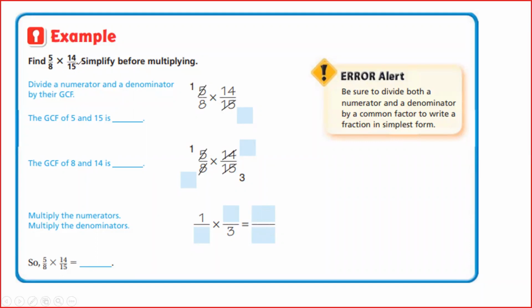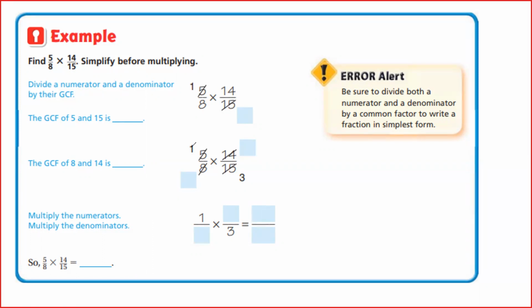He asked me to simplify before multiplying. 5 with 15, 14 with 8. 5 and 15. What is the common factor that can be divided by 5 and 15? 5. Bravo, 5. Good job.